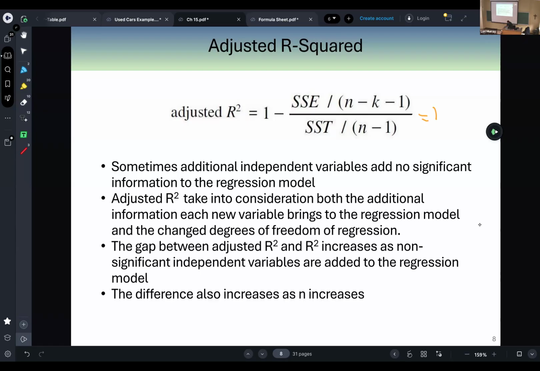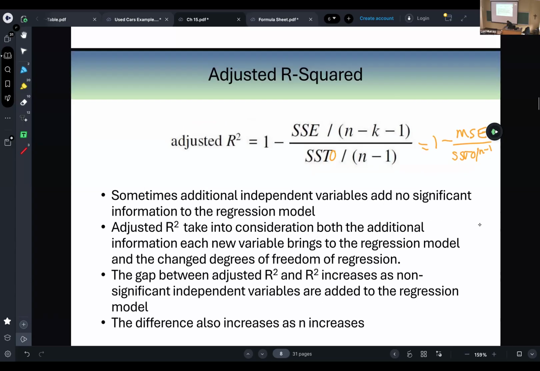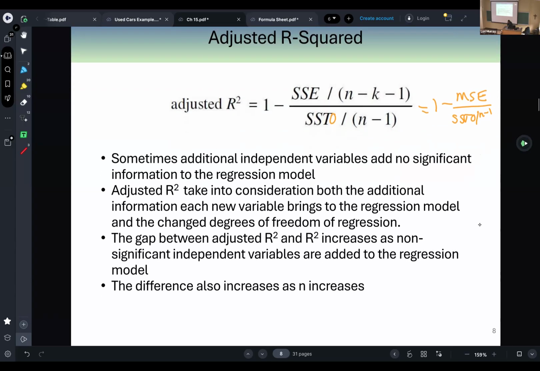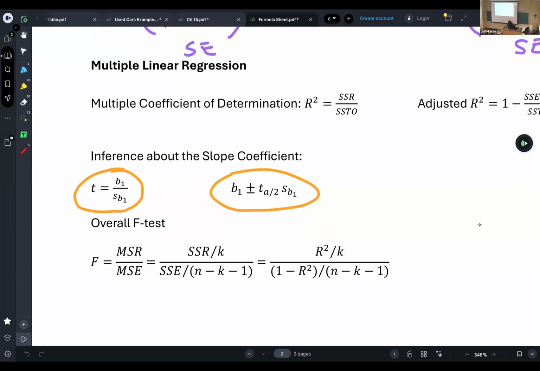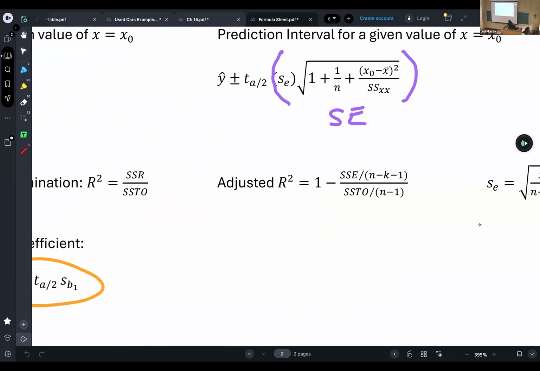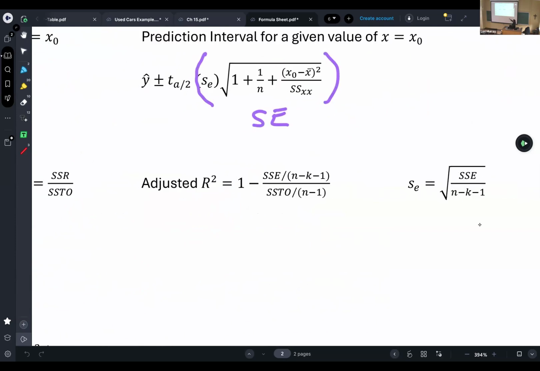This is also 1 minus the MSE divided by SSTO divided by n minus 1. It can be done that way too. It's on the formula sheet for you to check. There it is.